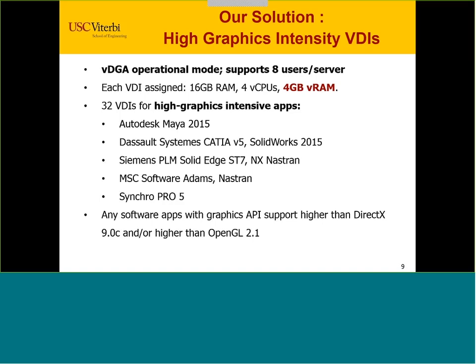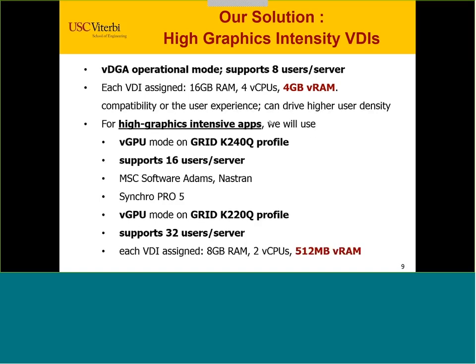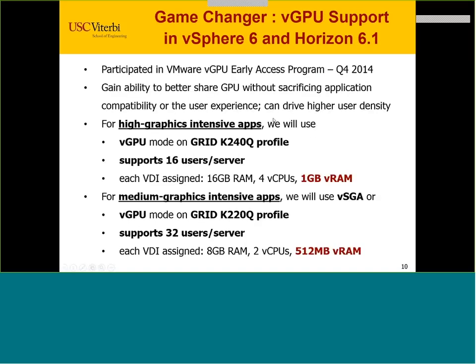And with that, I'm going to talk about vGPU support in vSphere 6 and Horizon View 6.1. Horizon View 6.1 is a game changer for us because with the capabilities of vGPU support, we are beginning to see that for high graphic intensity apps, we can now push double our user density. That's been key.